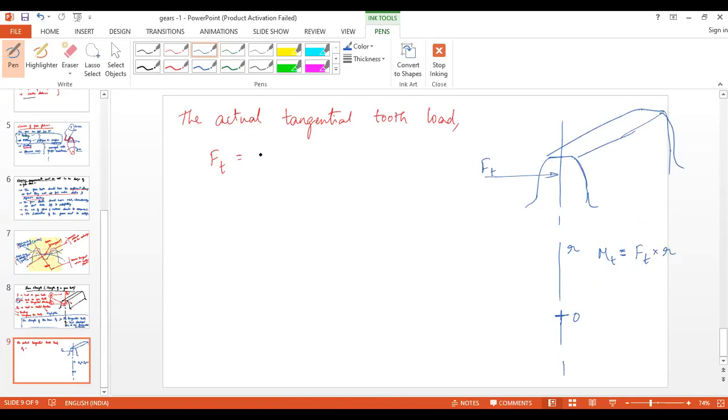So Ft can be written as Mt by r, that is, the torque divided by radius. Is it clear?